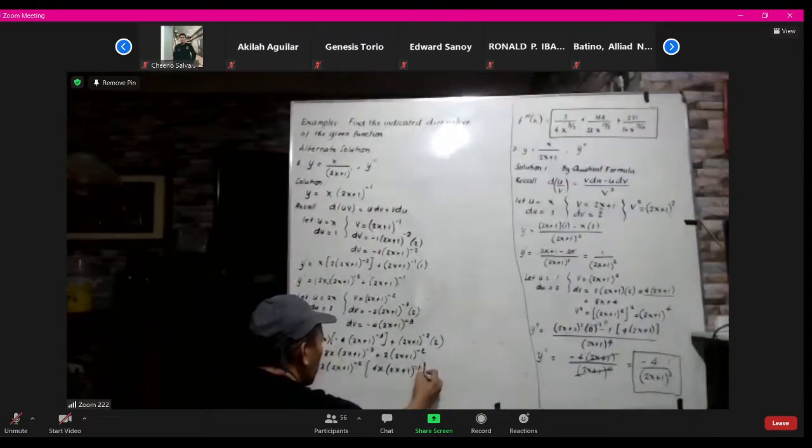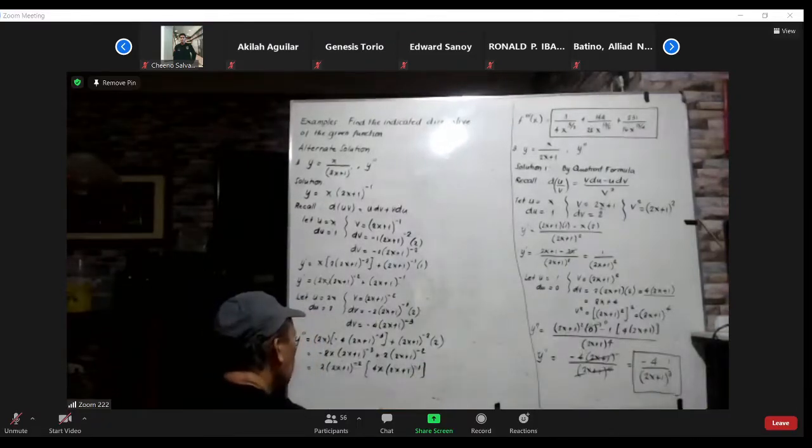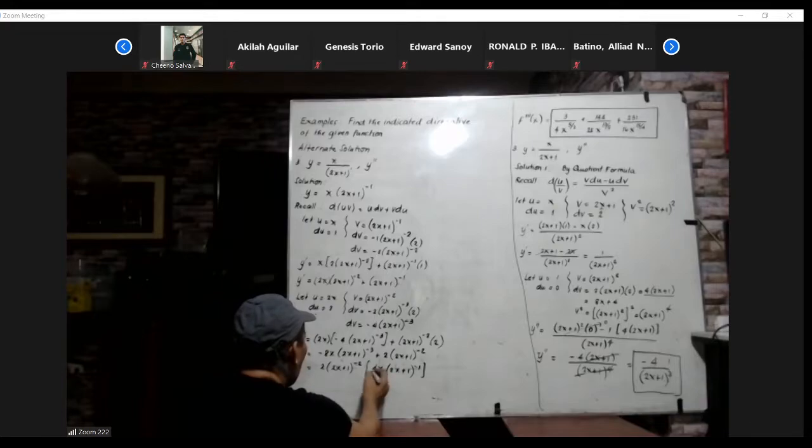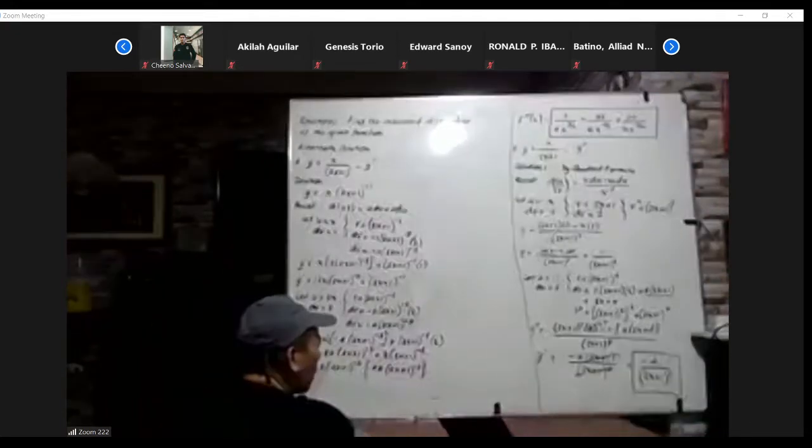Okay? Ayan. So, dahil multiplication siya, pwede natin siyang i-factor.